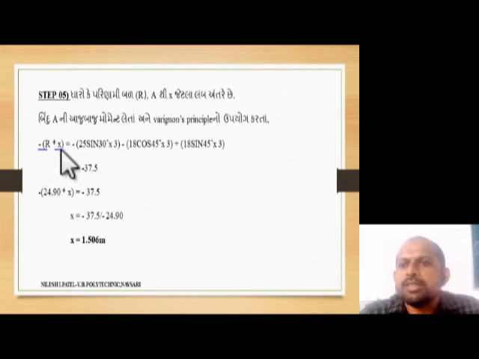So R into x, which is negative due to the anti-clockwise moment.